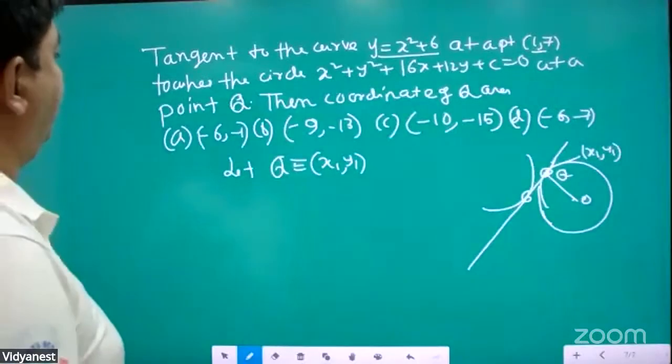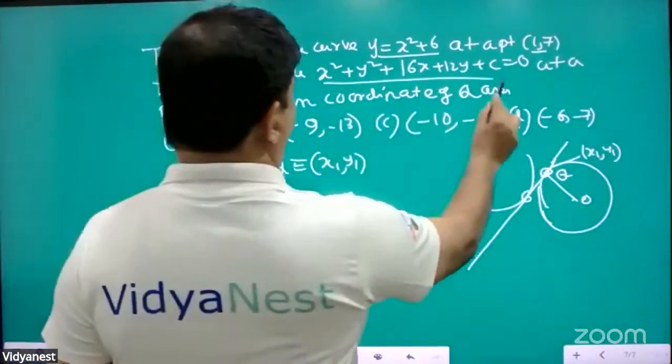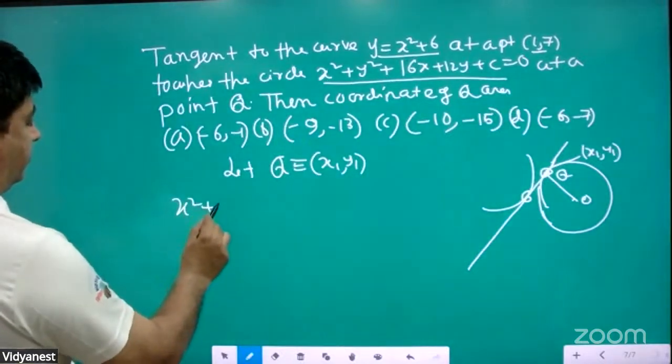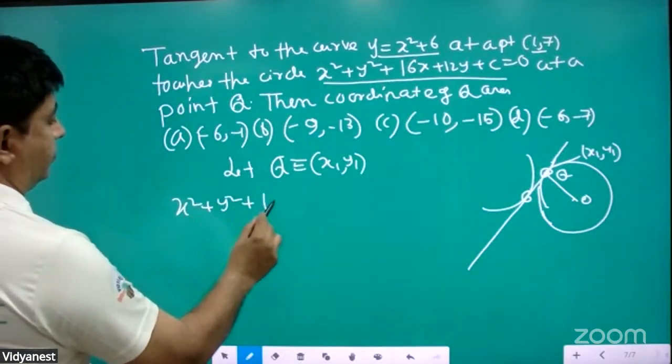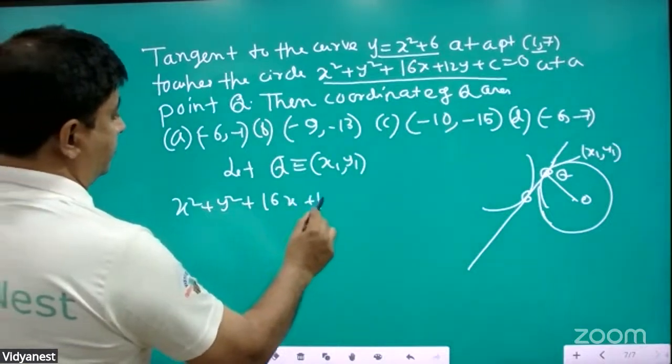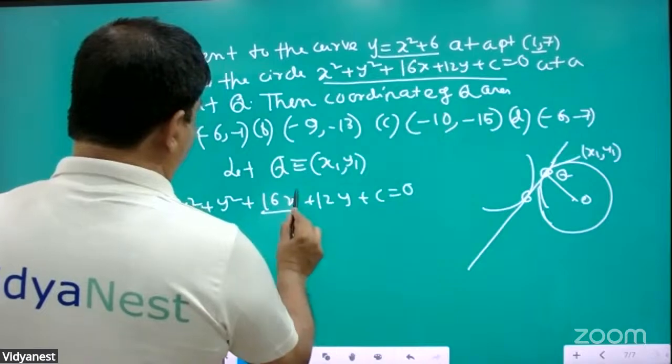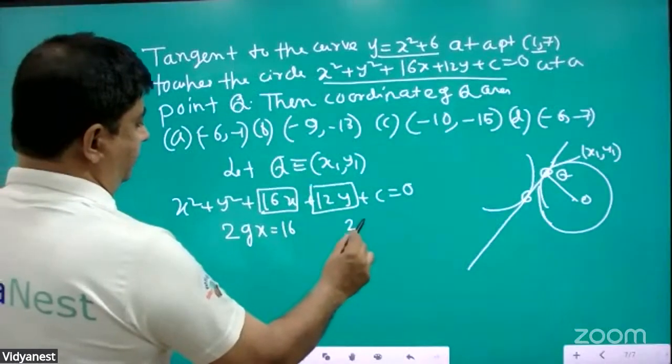Now the center of the circle: you compare it to 2gx and 2fy.